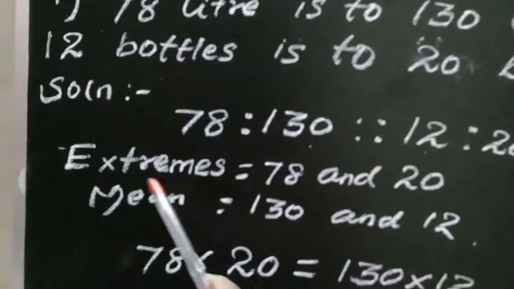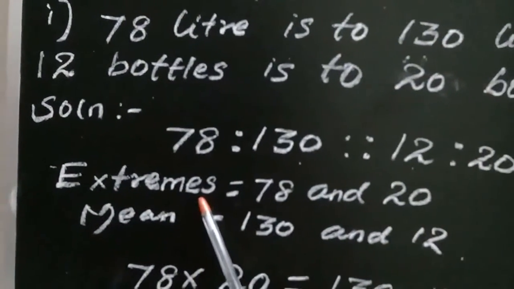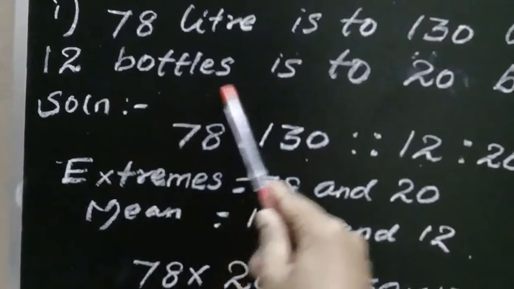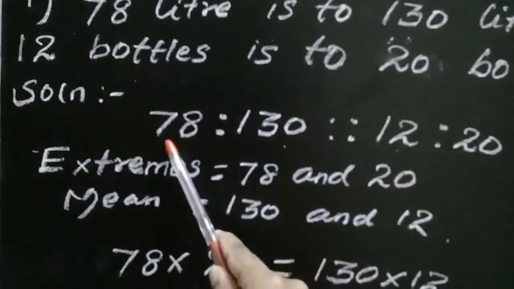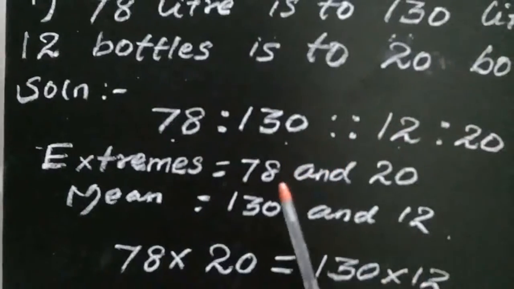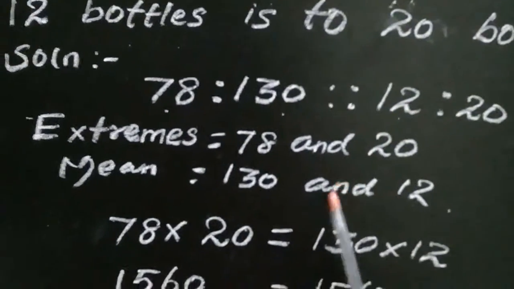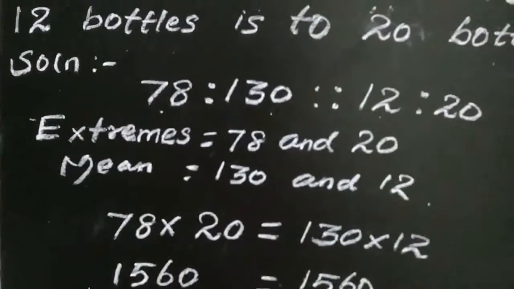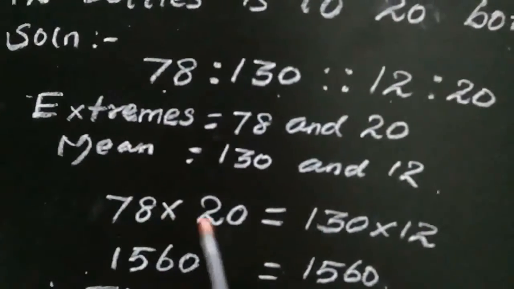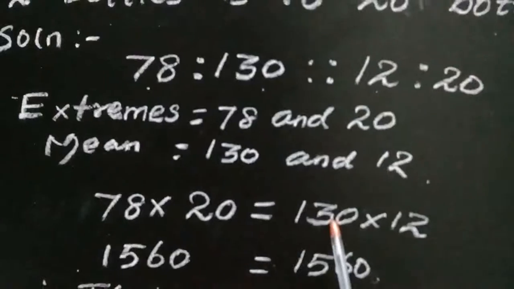First we have to write the extremes. Extreme means the first one, 78, and 20. So 78 and 20 are the extremes, 130 and 12 are the means. We know that product of extremes equals product of means.